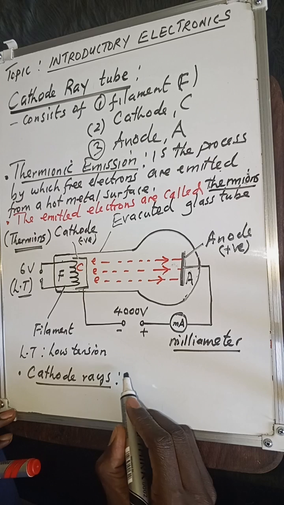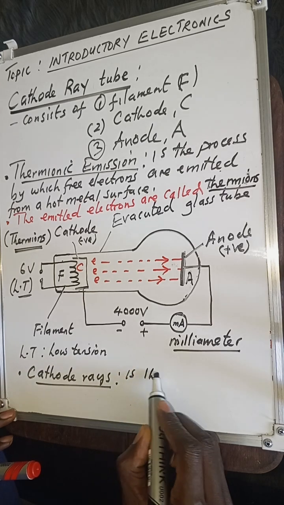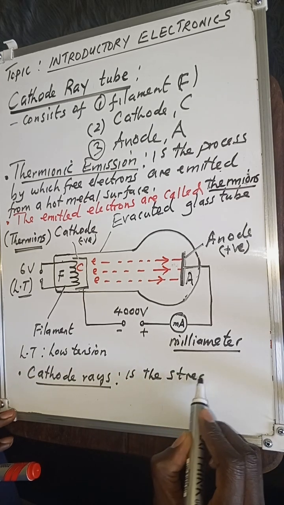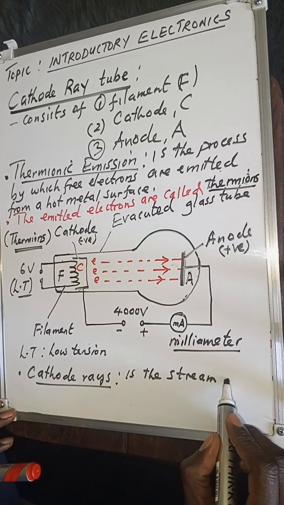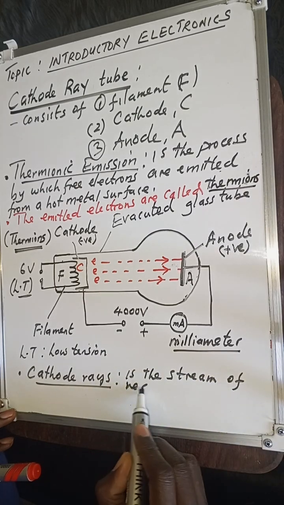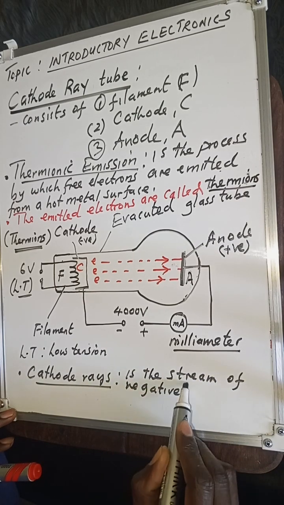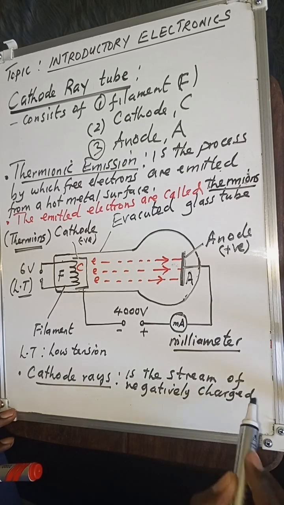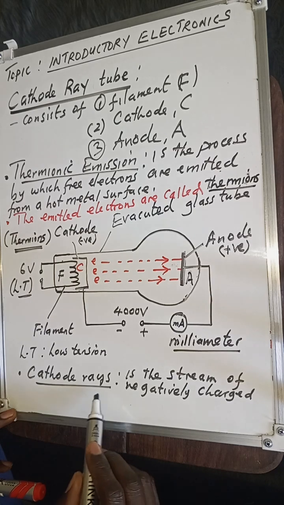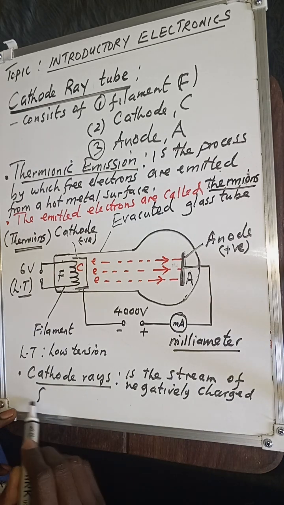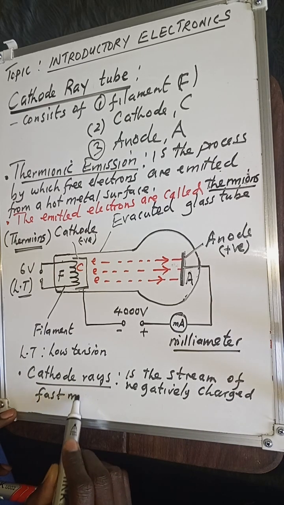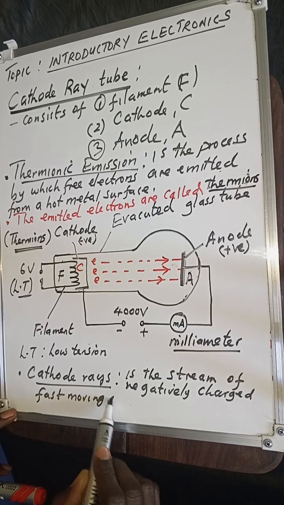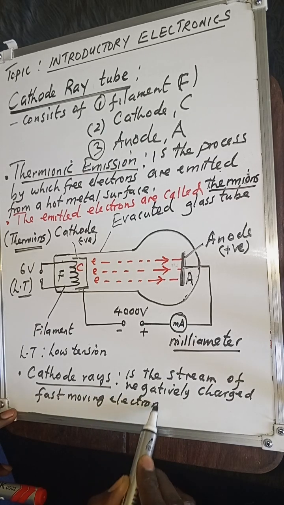Cathode rays are the stream of fast moving, negatively charged electrons. So that is what you can say if you want.